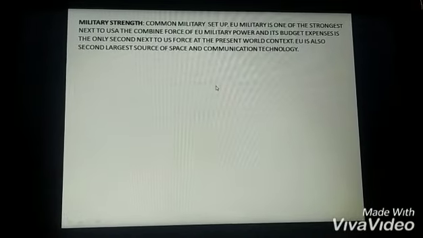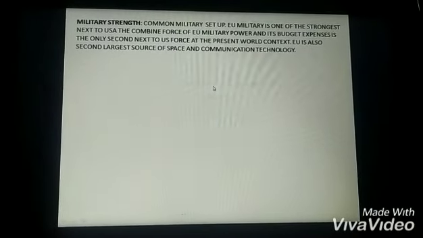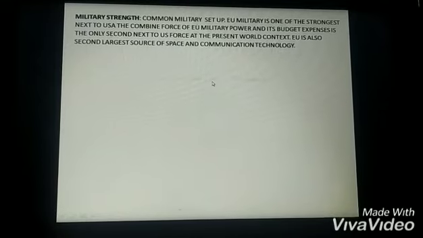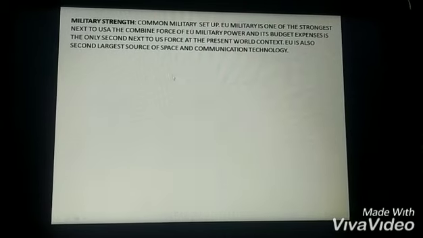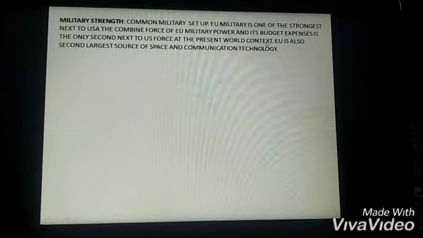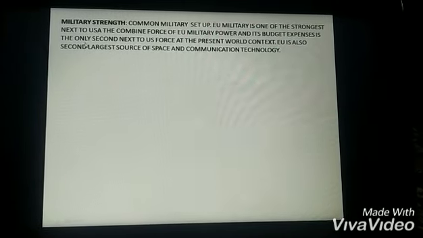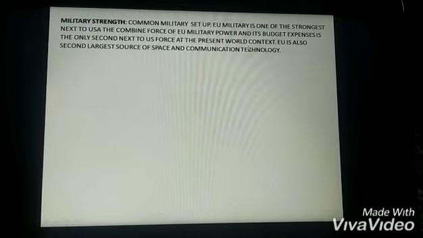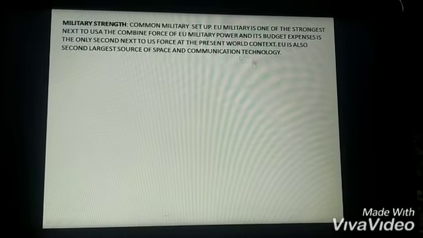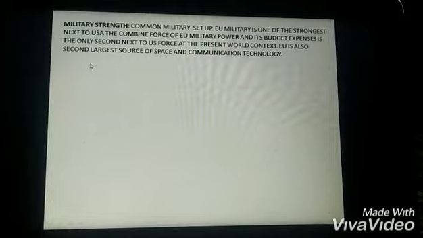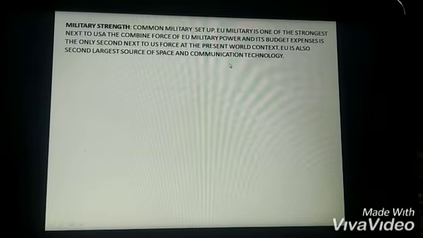They are the second largest expense group of countries spending their budget on military strength, though they cannot be compared with the USA. And this European Union also has the second largest source of space, communication and technology.